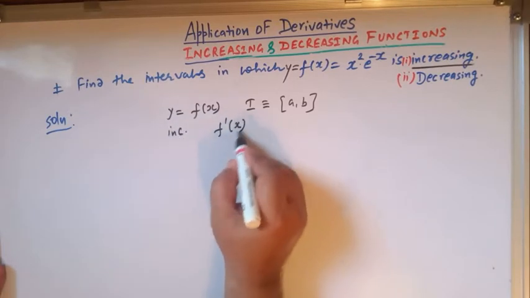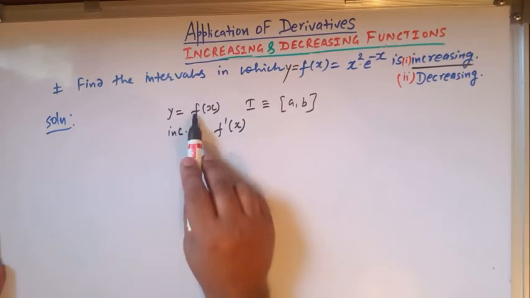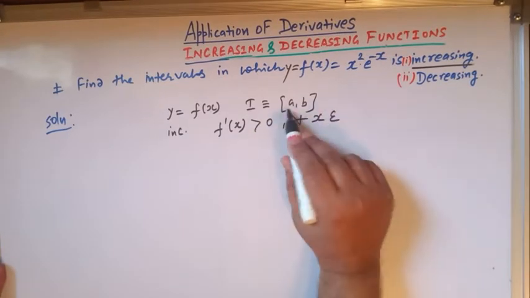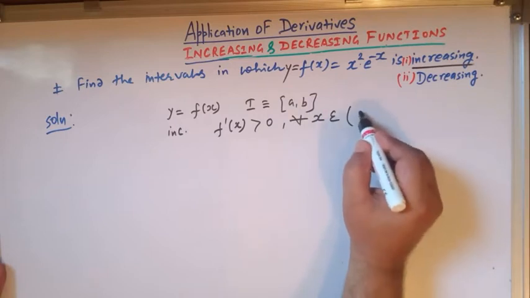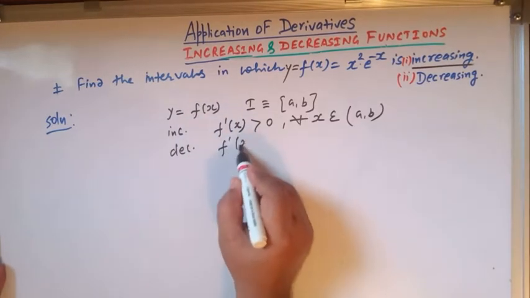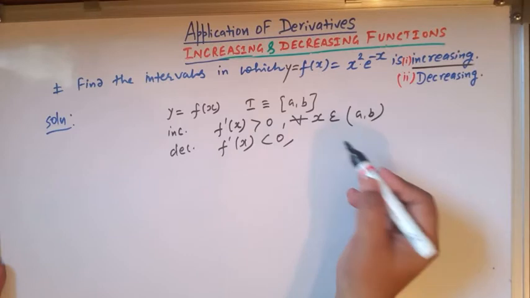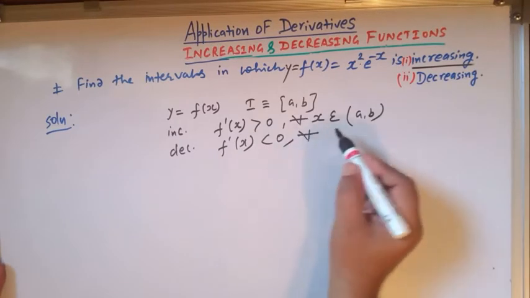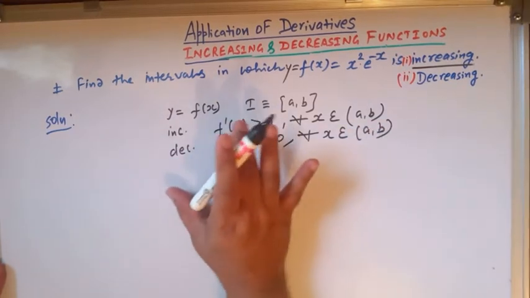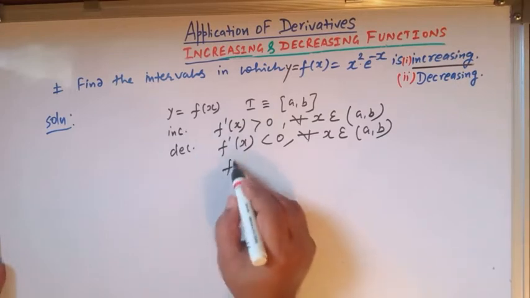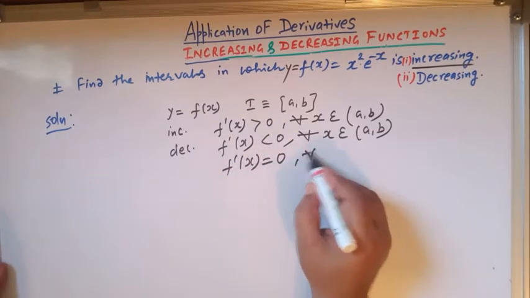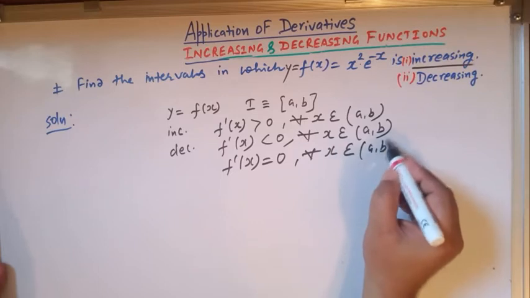if the derivative of f is greater than 0 for all x belonging to the interval a, b, and this function is said to be decreasing if f prime of x is less than 0 for all x belonging to a, b, and this function is said to be a constant function if f prime of x is equal to 0, or the derivative of f is 0, for all x belonging to a, b.